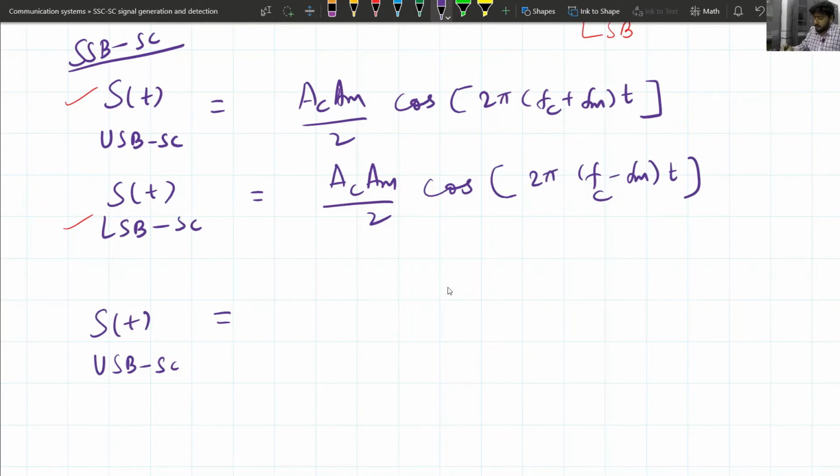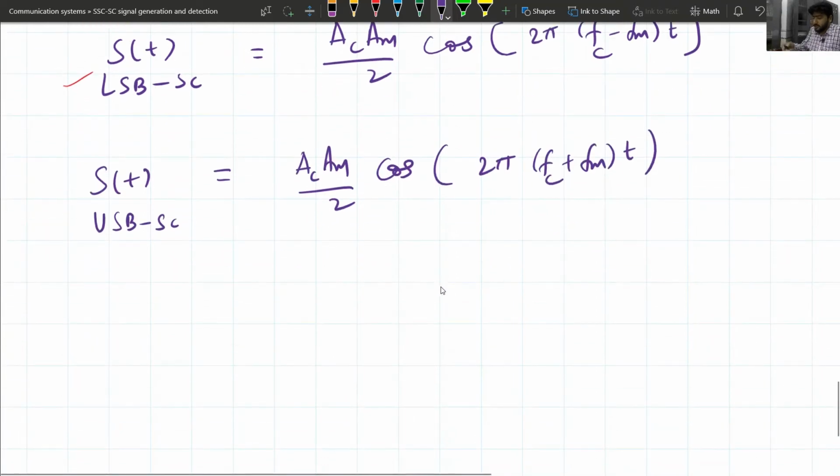Then let's say the USB-SC signal is given by this equation.